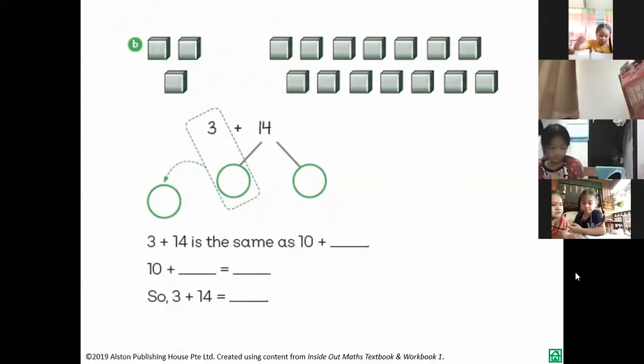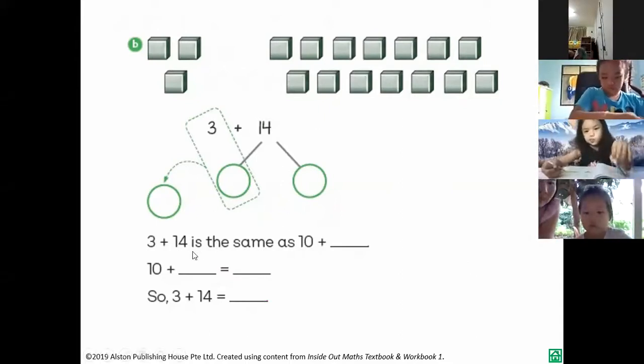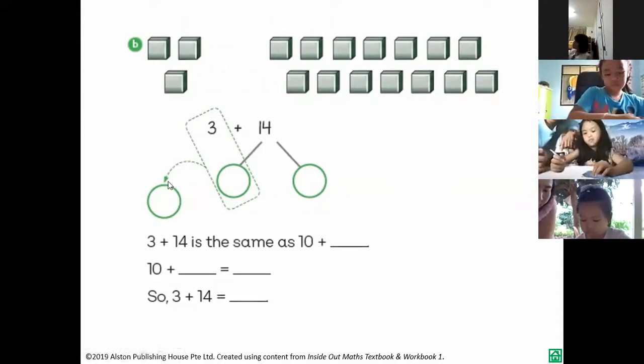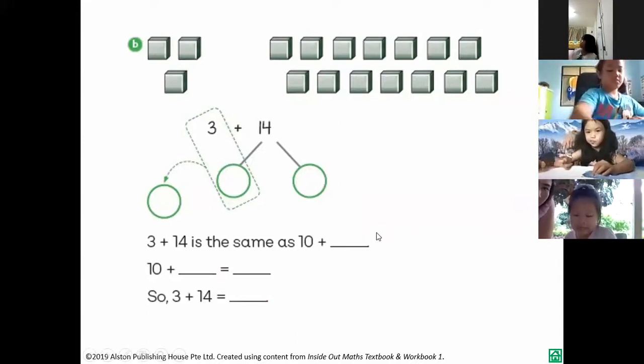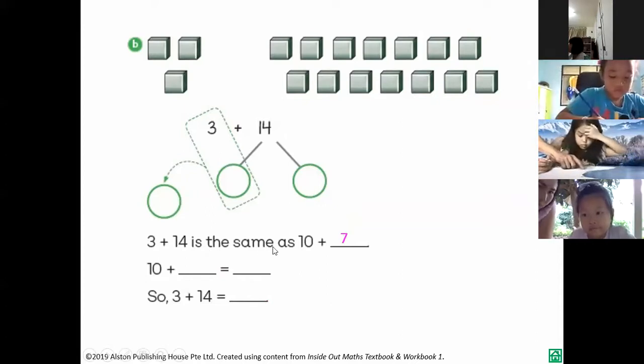What about June? 17. Okay, very good. So we have 3 plus 14 is the same as 10 and 7.